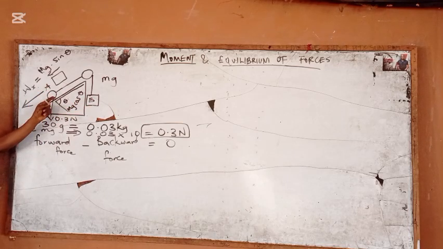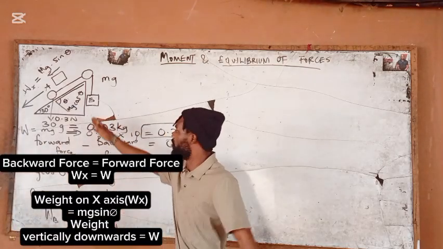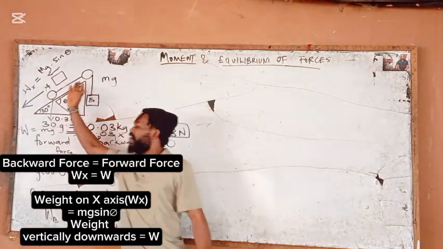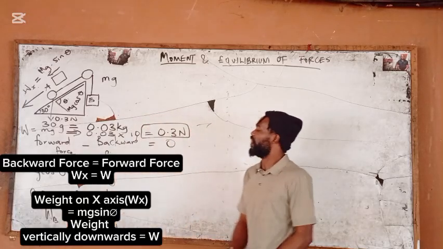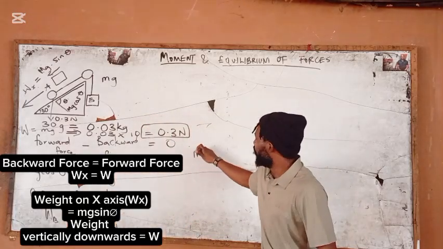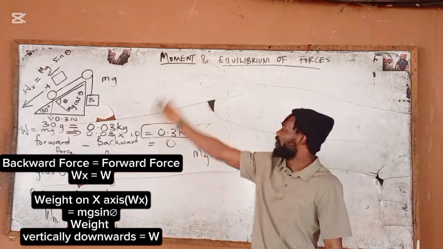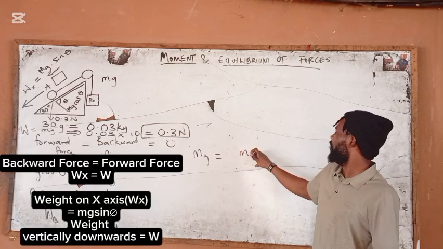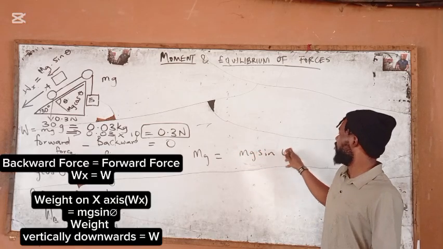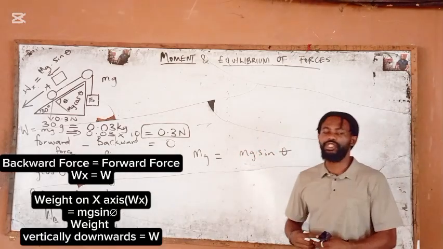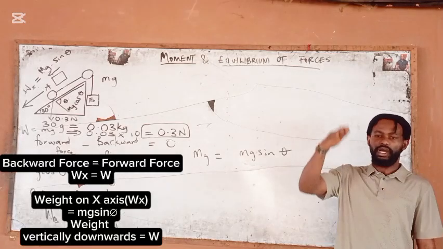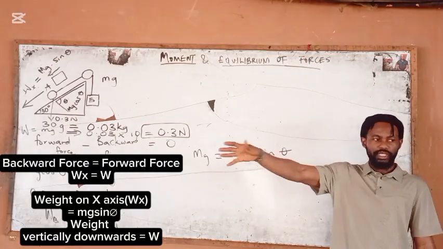And notice that the weight acting on this is going this way, is it not true? Notice that I consider the y-axis. Let me now consider the x-axis. Then when I say mg also will be equal to, if I'm considering the x-axis, it will be what? mg sin theta. Hope you remember that when you did trigonometry, if you do cos the y-axis, you do sin the x-axis.